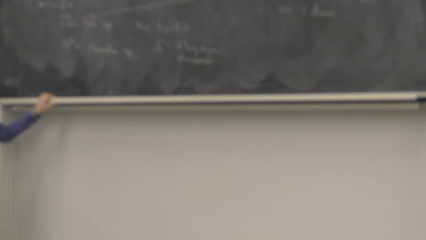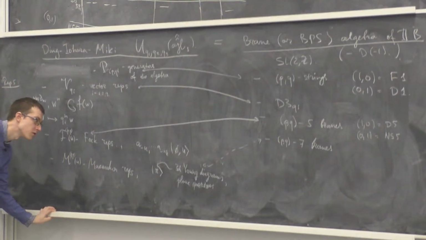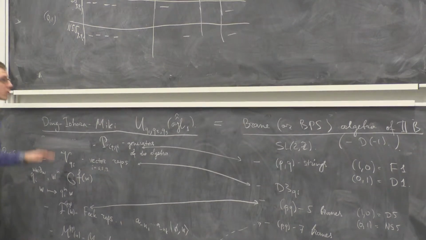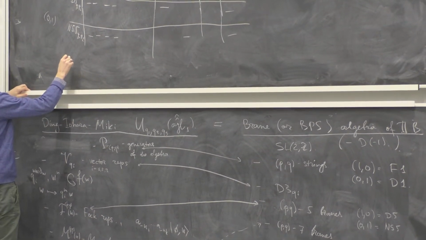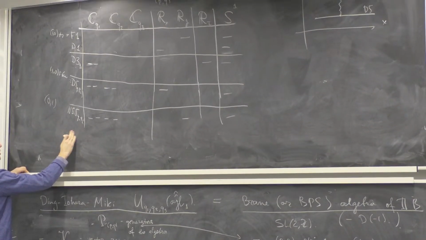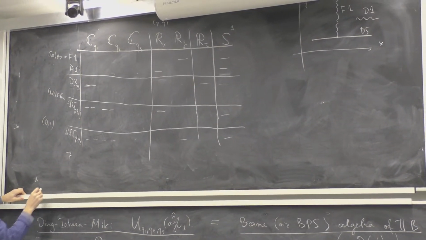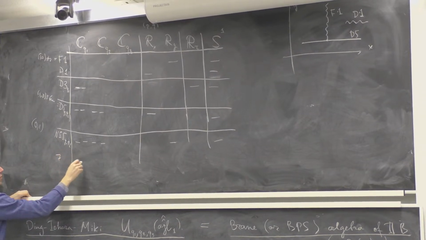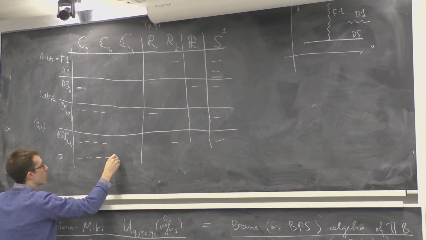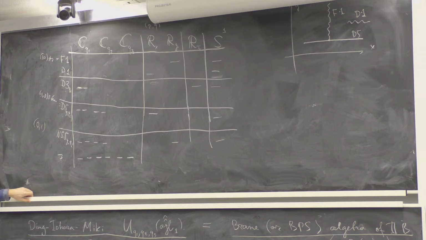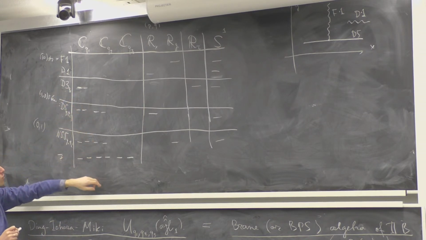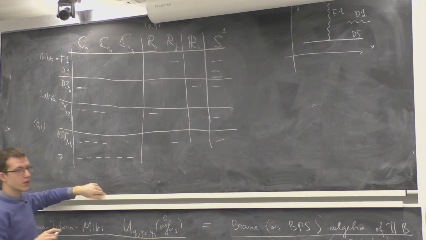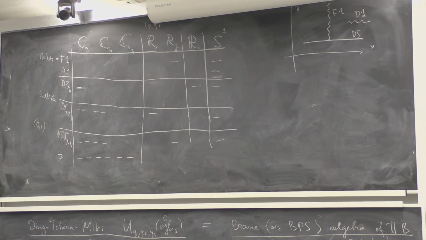Okay, let me try to continue upstairs. So this old stuff I moved down. What is left are 7 branes, PQ 7 branes. Apparently they should span, so they're 8 dimensional. They span all of these CQs, so in the sense they are invariant under the exchange of Q1, Q2, Q3. So there is just one.